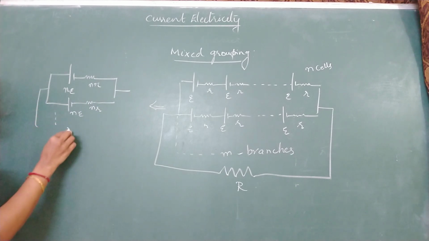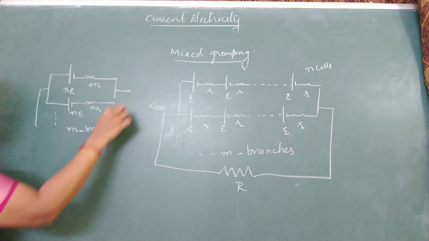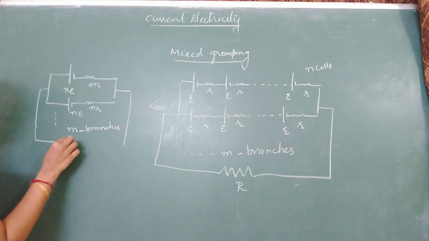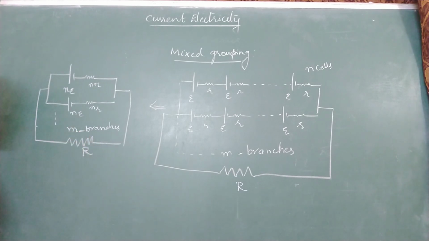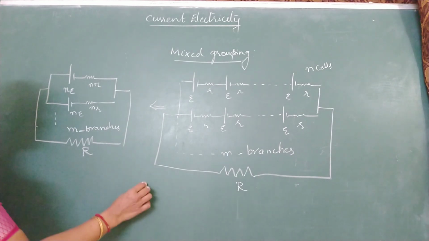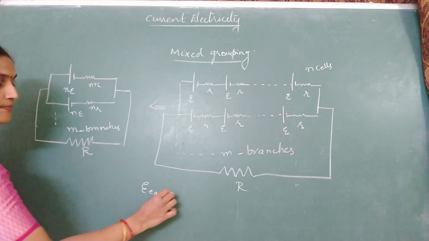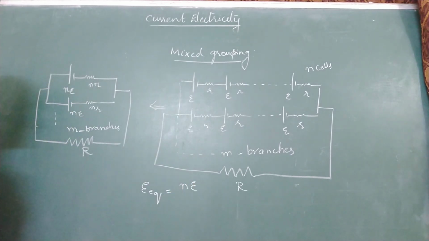How many such branches? M branches. All of them are connected across the resistance capital R. And now we know when identical cells are in parallel combination, what is the equivalent EMF? It is the same as the EMF of one branch, that is n into E.